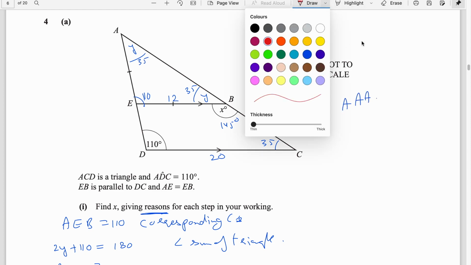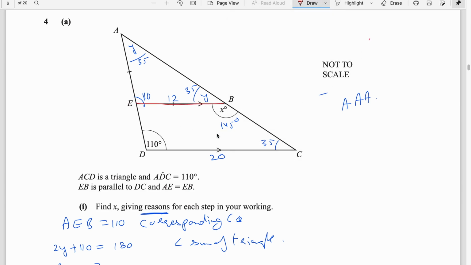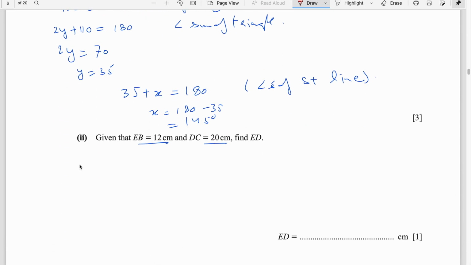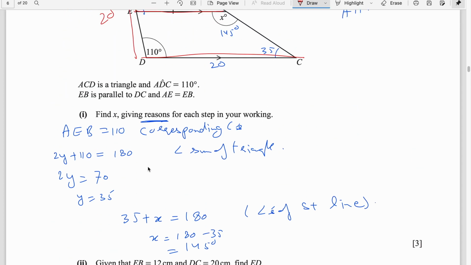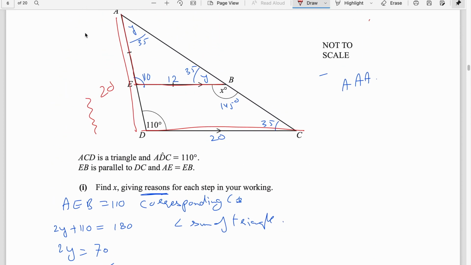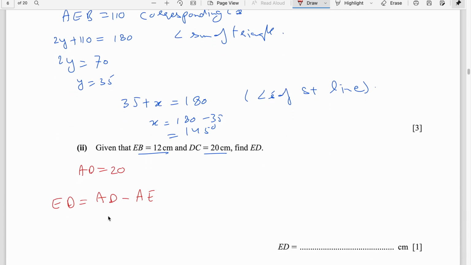So firstly, they are similar triangles. 12 and 20 are in ratio, and it is given that this is isosceles, so this must be equal as well, making AD equal to 20. So if AD is equal to 20, we can say ED is equal to AD minus AE. ED is equal to AD full minus AE, which is already 12. So 20 minus 12 leaves an answer of 8 centimeters.